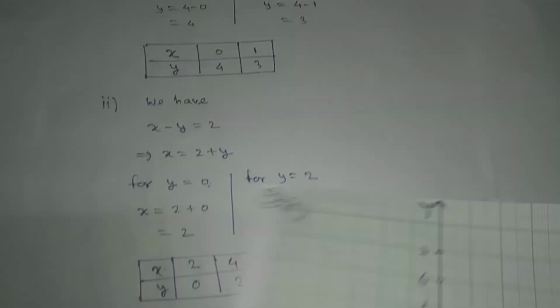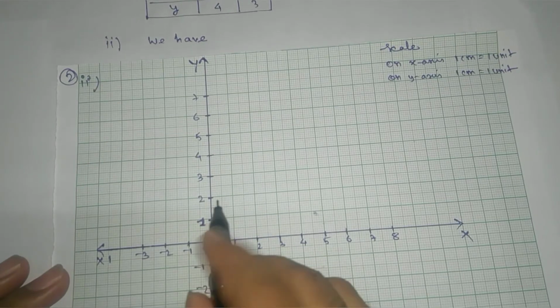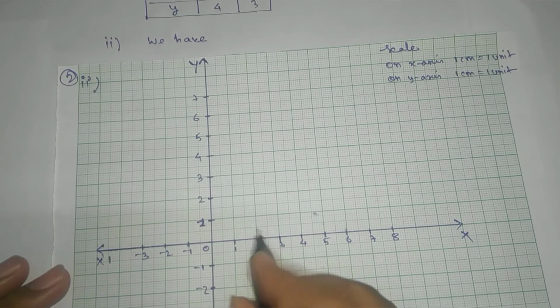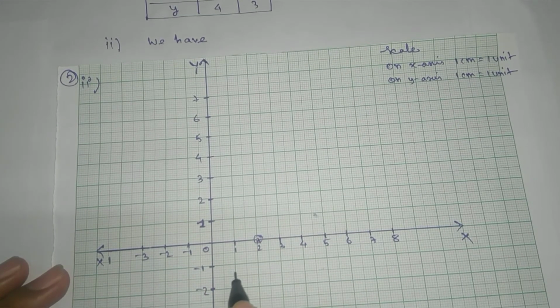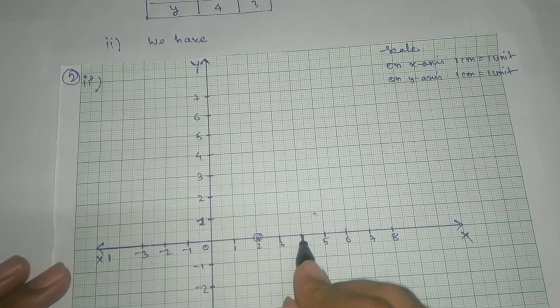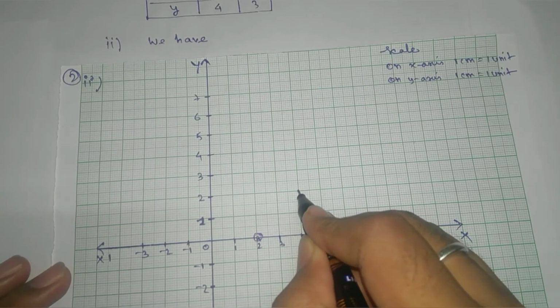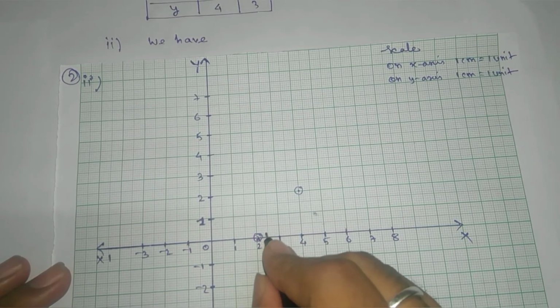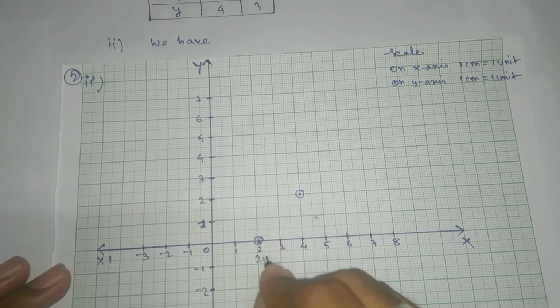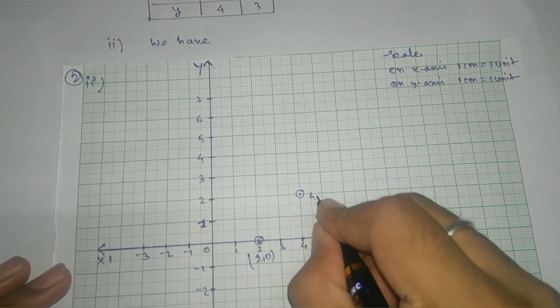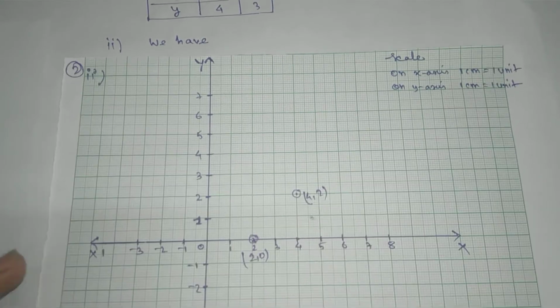Second one. So 2, 0 and 4, 2. First you go 2 and 0. That means this is your point. 2, 0 and 4, 2. This is your 4 and this is your 2. So we'll mention 2, 0 and 4, 2. So we have 2 points.